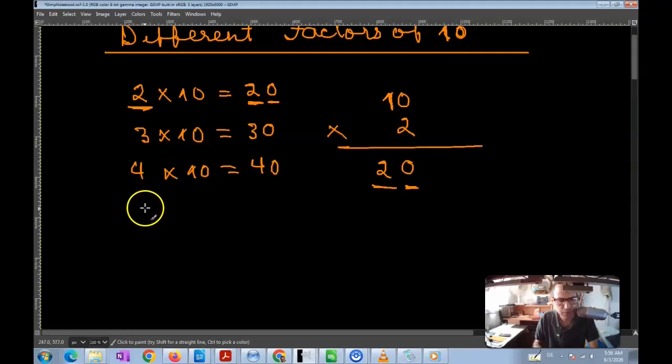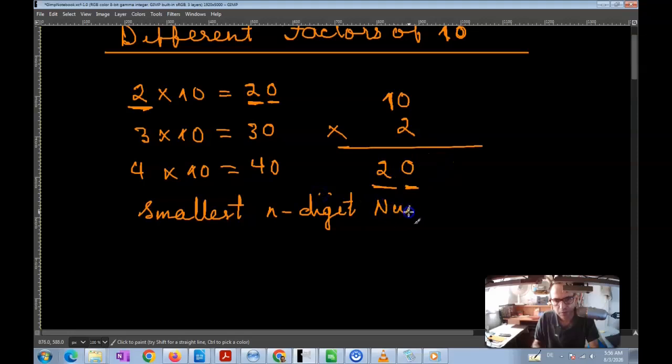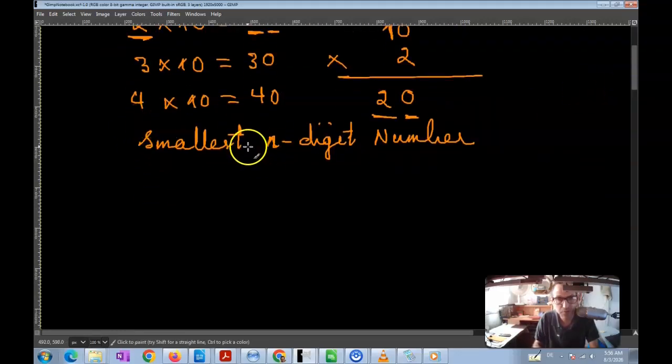We have the smallest n-digit numbers, and when I say n here, you could take it as any number: 1, 2, 3, 4, and so on. Meaning the smallest 1-digit number, the smallest 2-digit number, the smallest 3-digit number, and so on. The smallest 1-digit number is a 1.